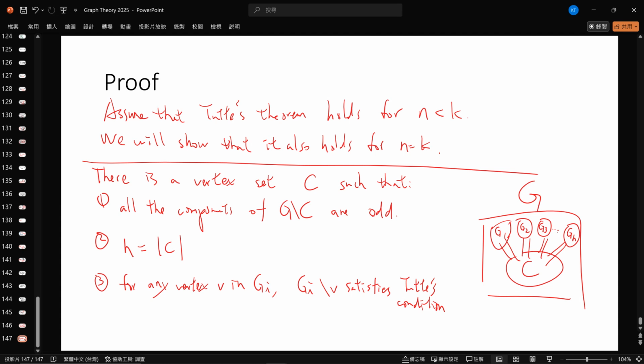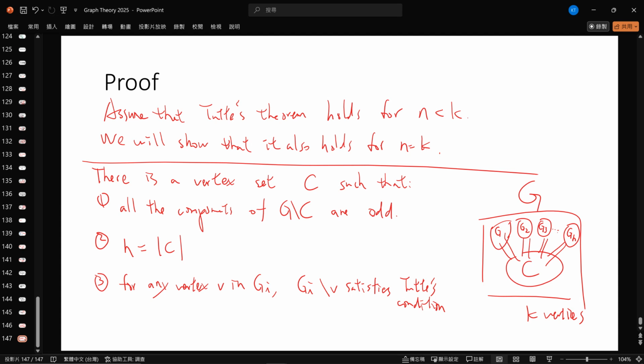In other words, you have a perfect matching for the remaining graph. Why? Because we have the induction hypothesis. This graph has size k, and because you remove one vertex from these odd components, the number of vertices in this one is certainly less than k.